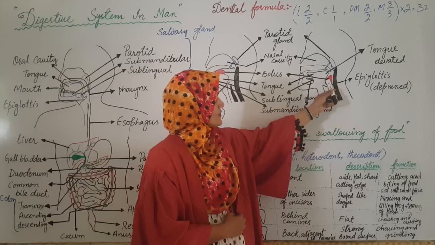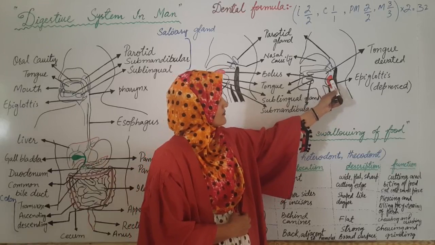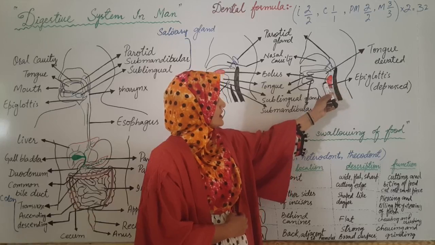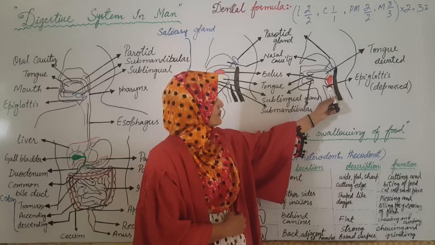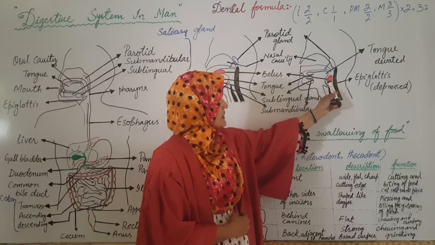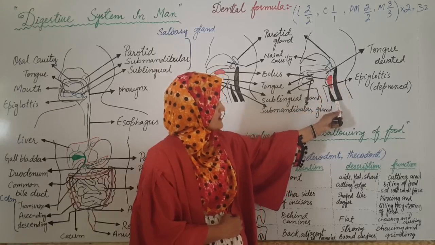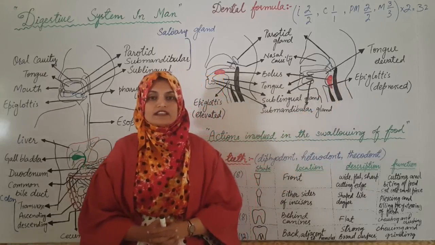The food that accidentally entered the tracheal region comes back into the pharynx, and because of the immediate closing of the trachea, this food is passed down inside the esophagus and reaches the stomach.